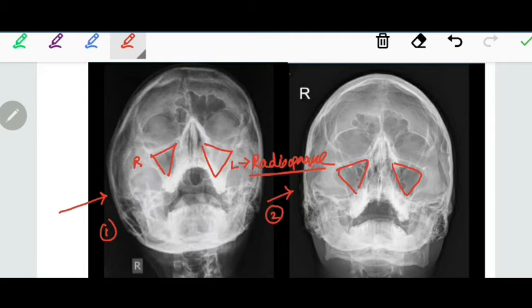So the diseased paranasal sinus in short shows radio-opacity, as I have shown you in this slide. Of course, in this slide you can see the outline of the frontal sinuses over here. To some extent, the ethmoidal air sinuses are also being depicted.